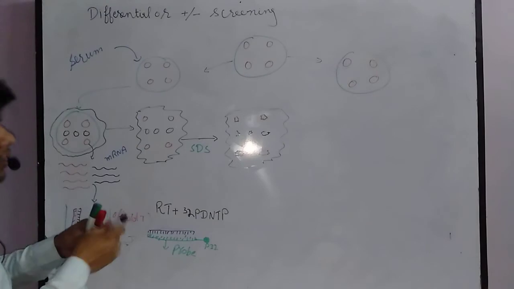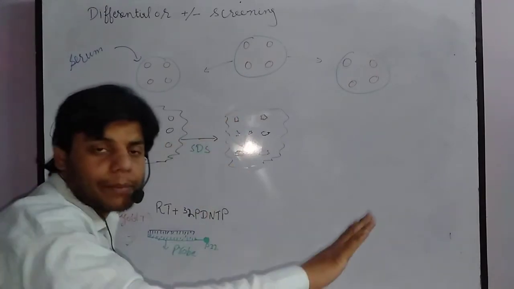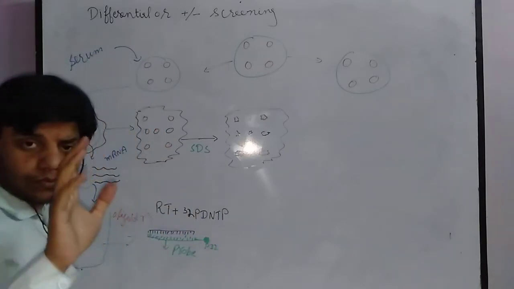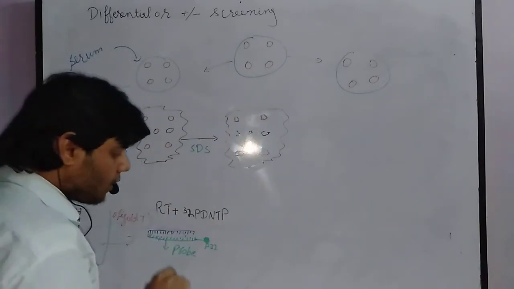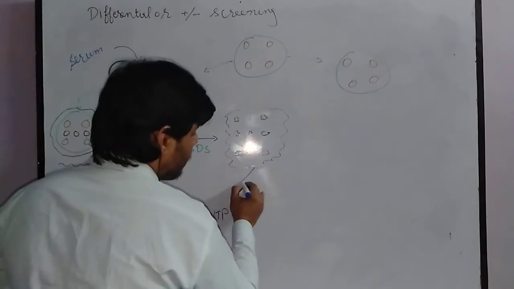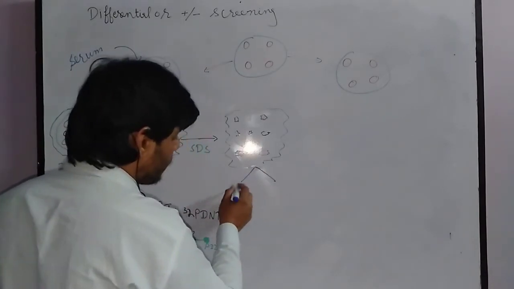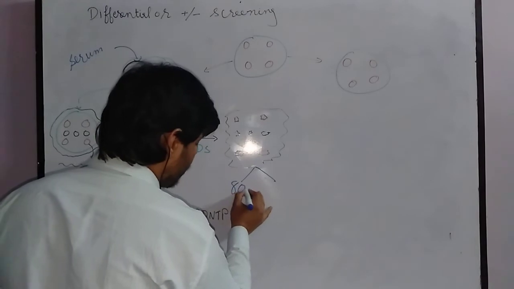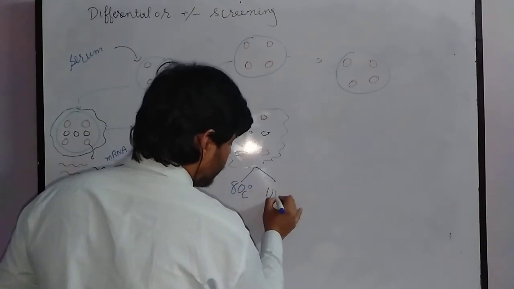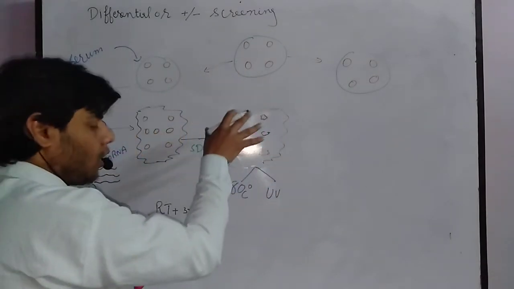Now this structure of the colony shows that all the bacterial cells are ruptured and we have just the genome of the bacterial cell. Then we put this filter paper onto a solid surface at 80 centigrade, or we expose it to UV light to fix all the colonies.